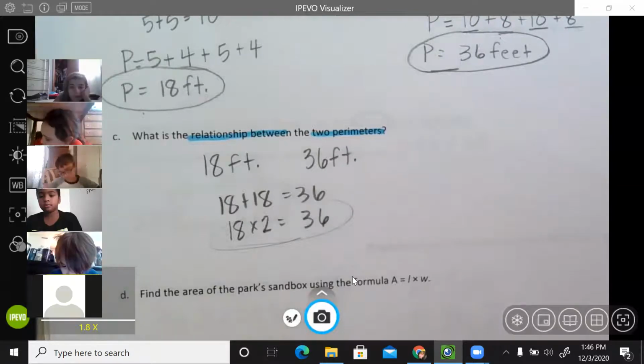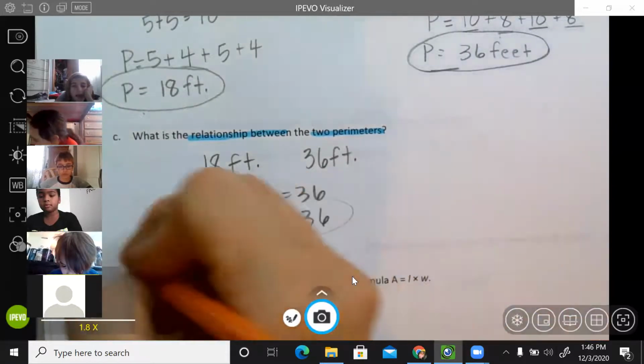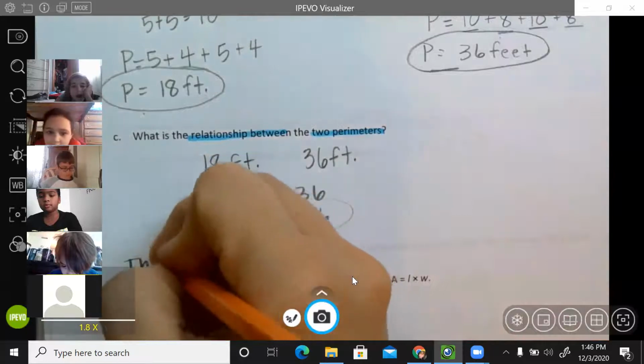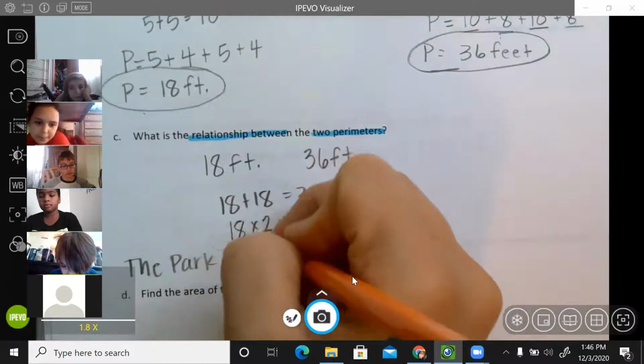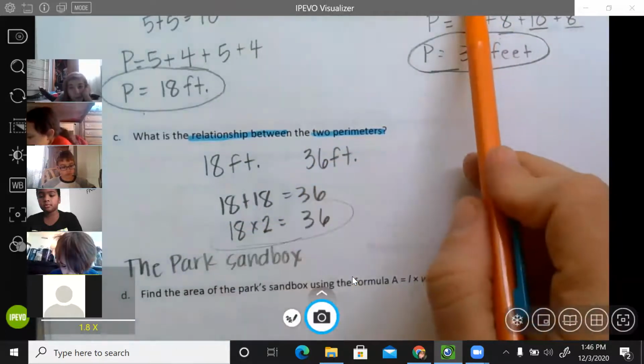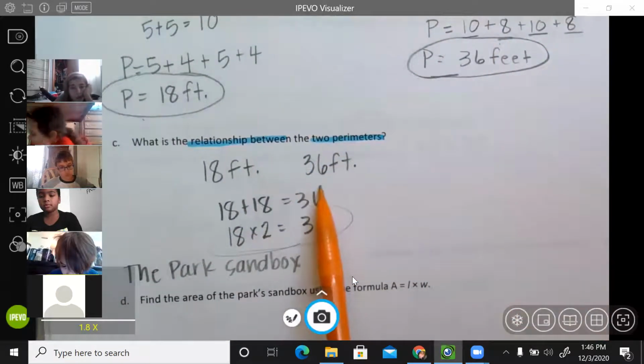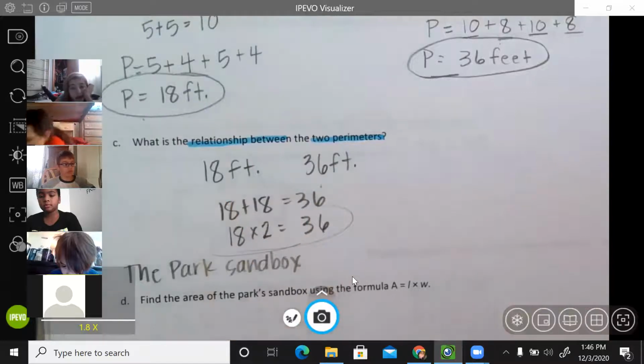Right, but let's use the park benches because we're going to talk about that. So we could say the park sandbox is what? How much bigger was this sandbox than this sandbox? 2 times bigger.